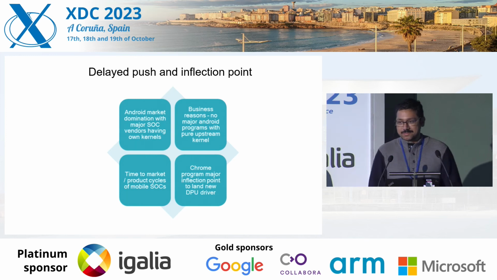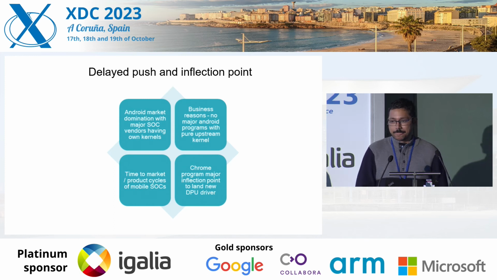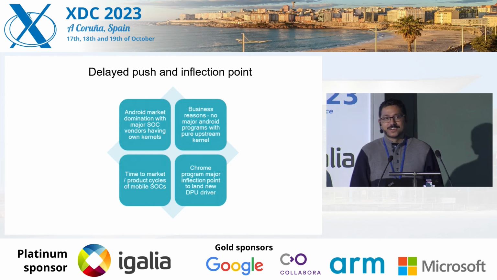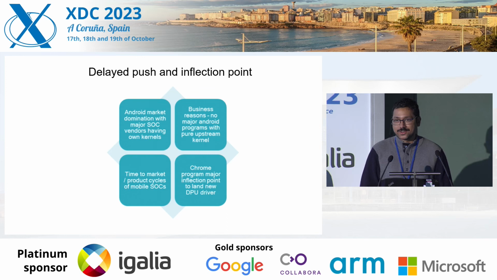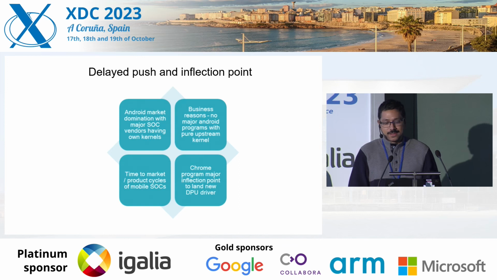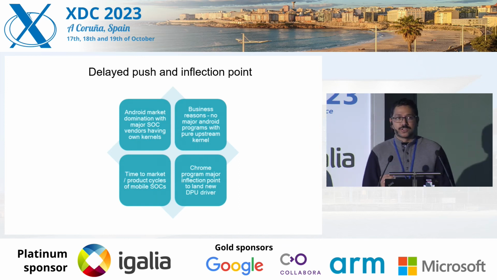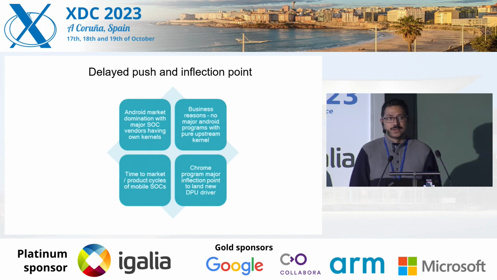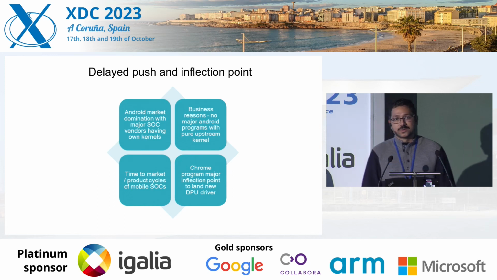This, backed up with really fast commercialization cycles of Android phones, all contributed to this. The Chrome program was an inflection point for us to get all this landed, and thanks to Rob and Sean Paul from the Chrome OS team for helping us land the DPU driver at that time.